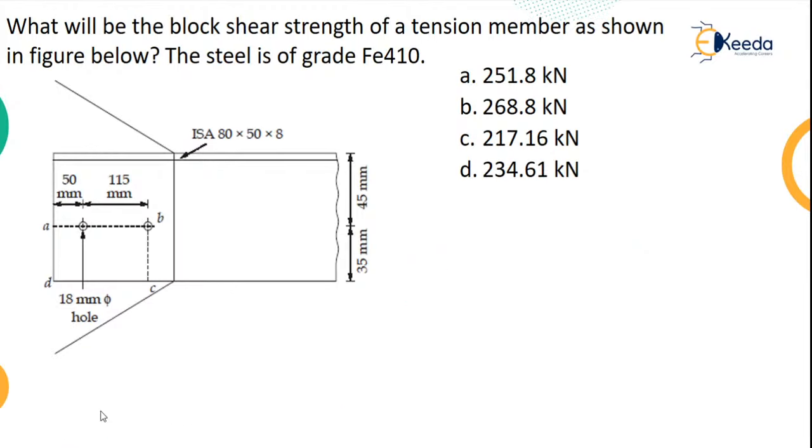Once you calculate these both, your block shear strength will be what? Anyone? Should I add it? No. It should be the minimum of TDB1 or TDB2. Understood? You have to take the minimum of the two values.